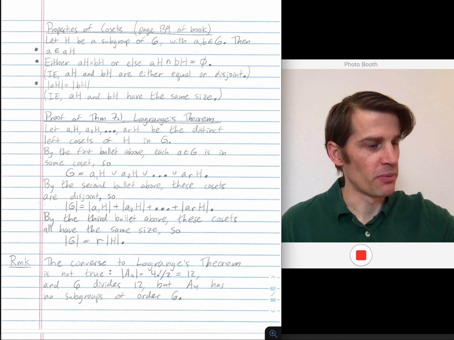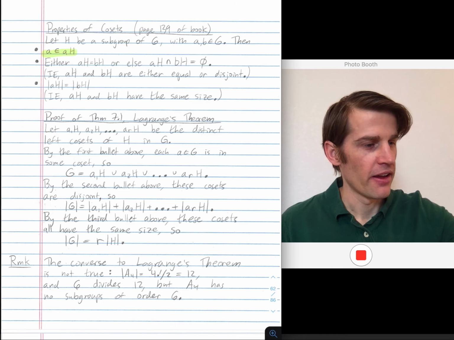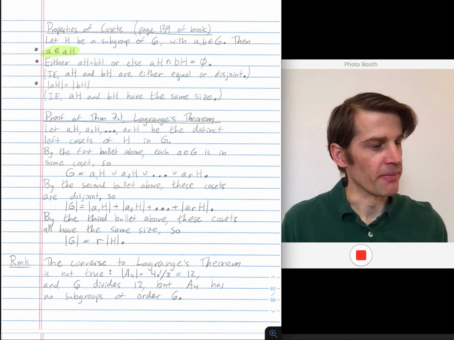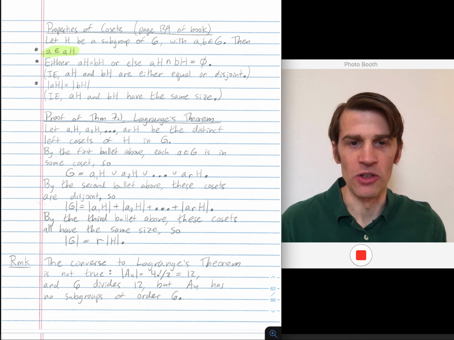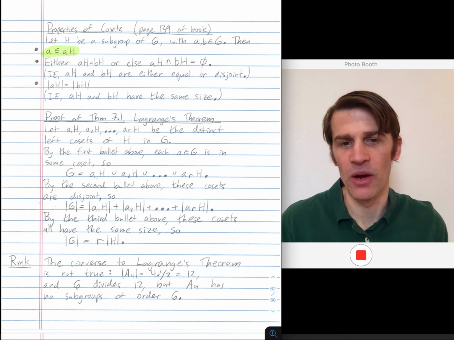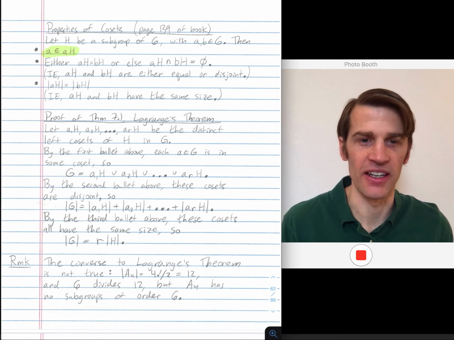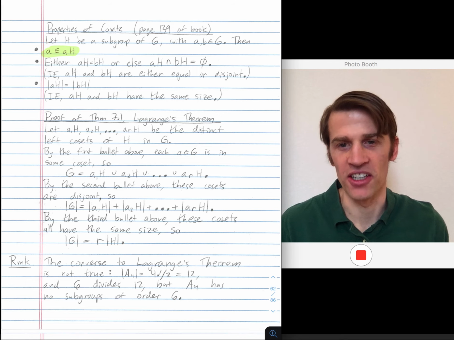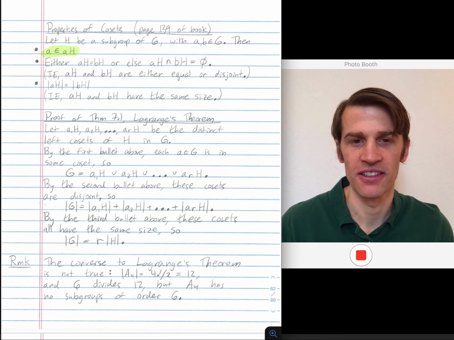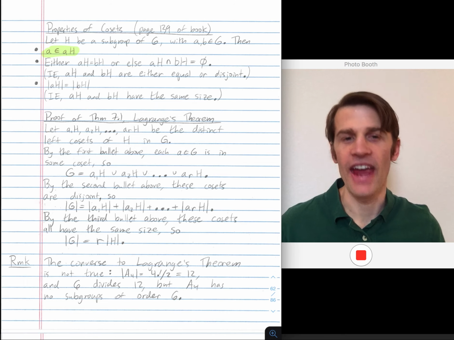By this first bullet above, each element of the group is in some coset. A1 is in this coset A1H. A2 is in this coset A2H. AR is in this coset ARH. And any element of G is in some coset.